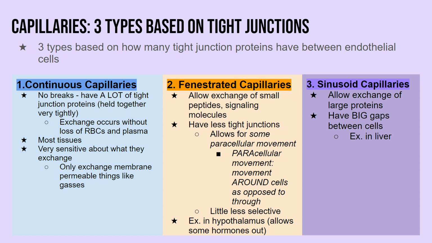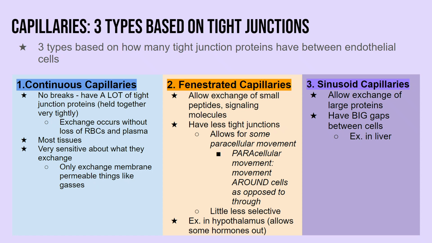And then there are 3 types of capillaries based on the amount of tight junctions that they have. So first is continuous capillaries, and these ones have a lot of tight junctions. There's no breaks between cells. They're held together very tightly. And most tissues have continuous capillaries.